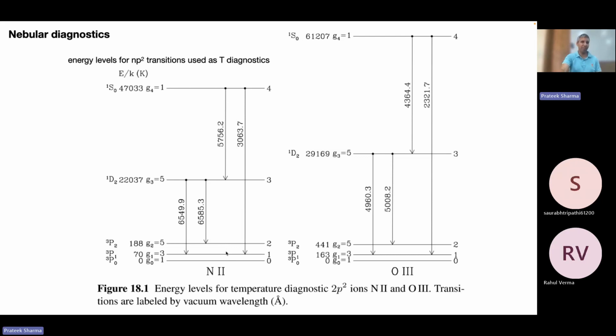The energy splitting is small. So the 2 to 1 and 1 to 0 ratio provides a good density diagnostic, for the same reason as what we talked about for the optical diagnostics, but they are in the infrared and they're quite nice. You can use the same N2 and O3 for this, because these are very small energy differences.